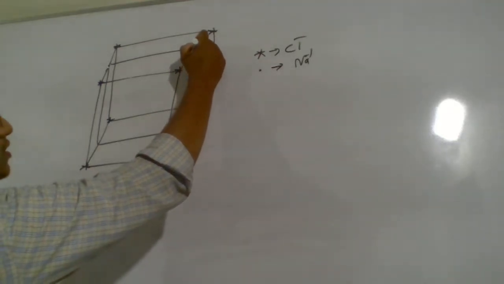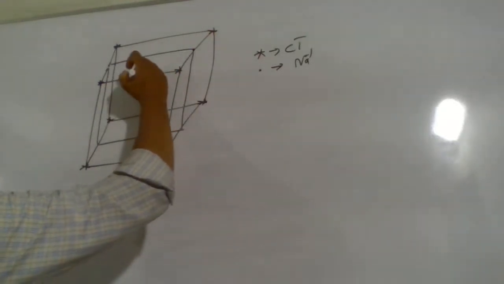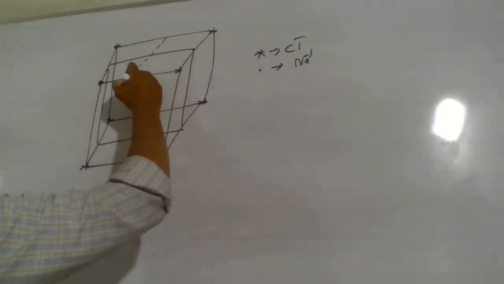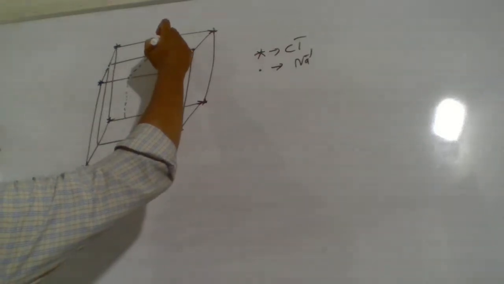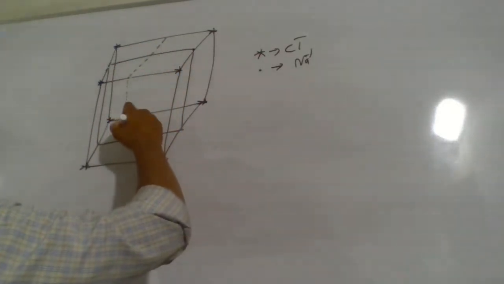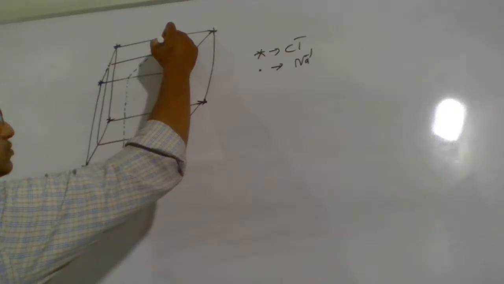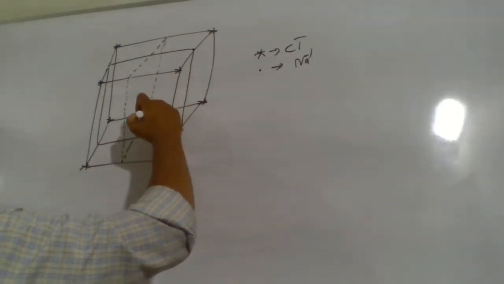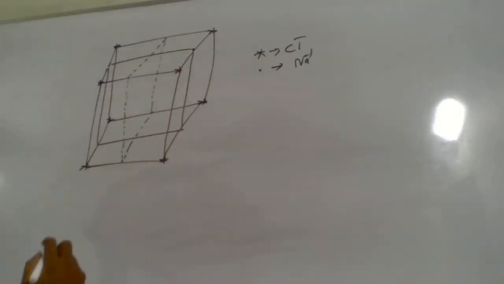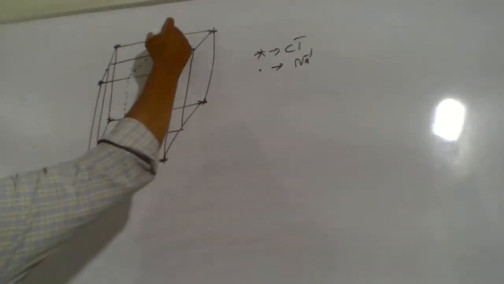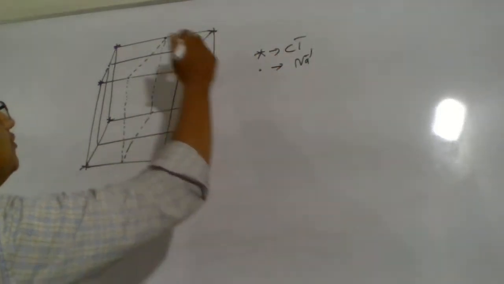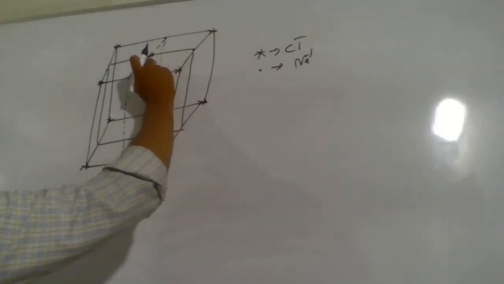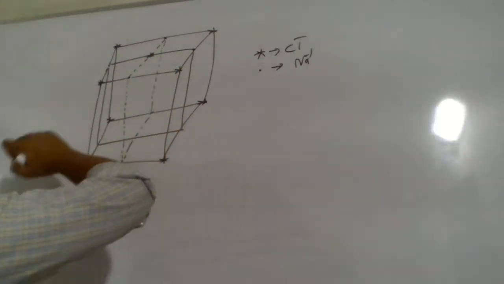Here another sodium ion will be there, and if you draw it beautifully, you will get it. Here a sodium ion will be there, here a chloride ion, here again a sodium ion.